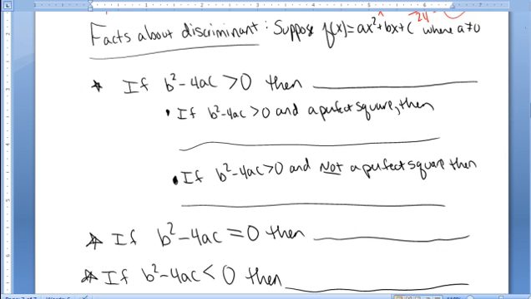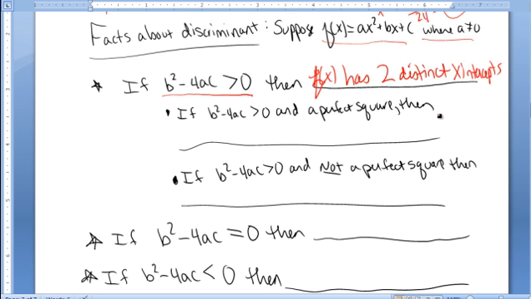Those examples lead us to some conclusions we can draw about the discriminant in general. If we have a function f of x equals ax squared plus bx plus c where a isn't 0, so we have a quadratic function, if b squared minus 4ac is greater than 0, so if the number underneath the square root is bigger than 0 when we use the quadratic formula, then f of x has two distinct x-intercepts, two possibilities.